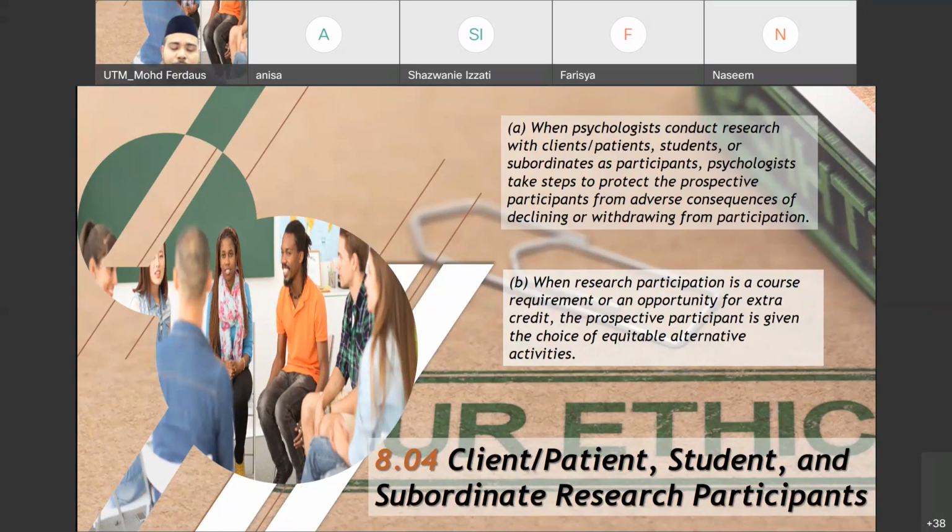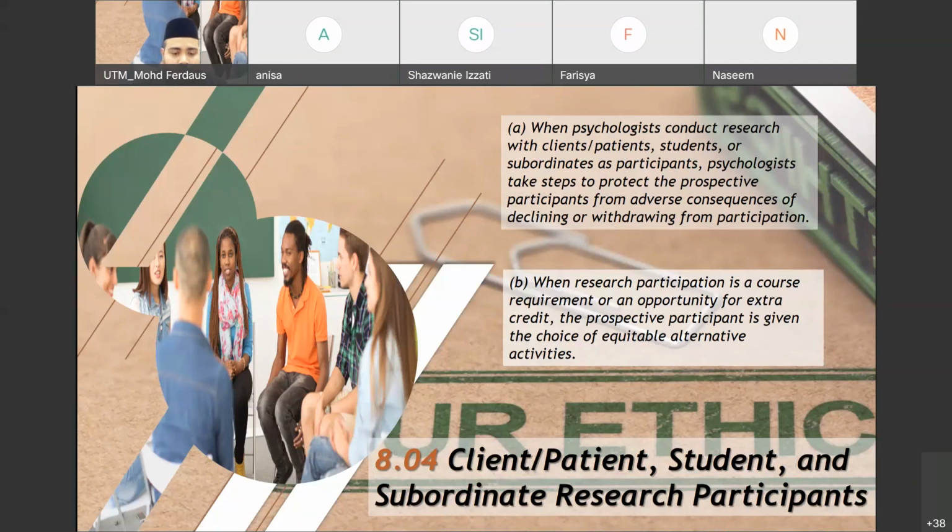In other words, if you are a lecturer and the participants of your research are your students, or you are a clinical psychologist and you ask your client, your patient, to join your research, or you are an HR manager or industrial organization psychologist executive at your company, and you ask your subordinates, the employees under your jurisdiction, under your purview, to participate in the research.